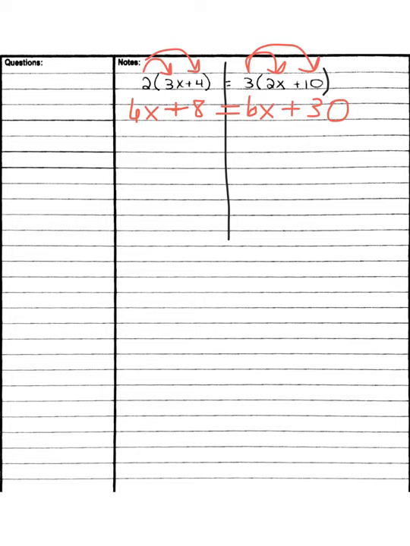Then I would ask myself, do I have any like terms that I could combine? I don't see any on the left that I can add together, and I don't see anything on the right. So let's start to move our terms to get them together. If I subtract 6x from one side, I have to do it to the other. And what you notice here is my letters do cancel again. On the left-hand side, I have the number 8.